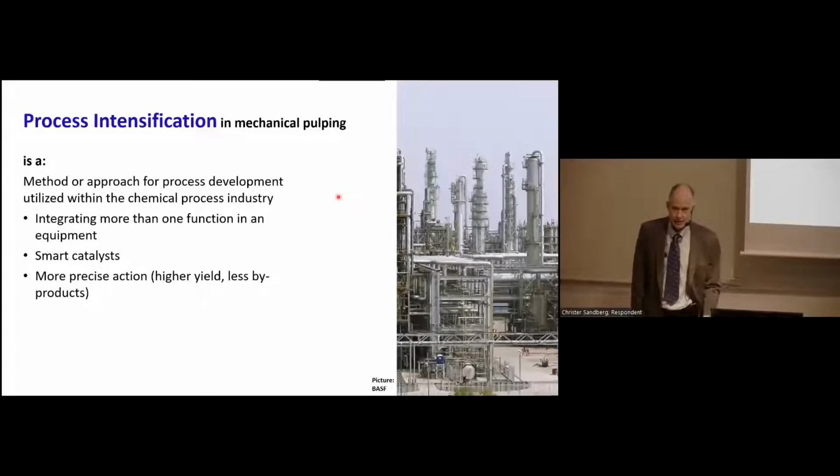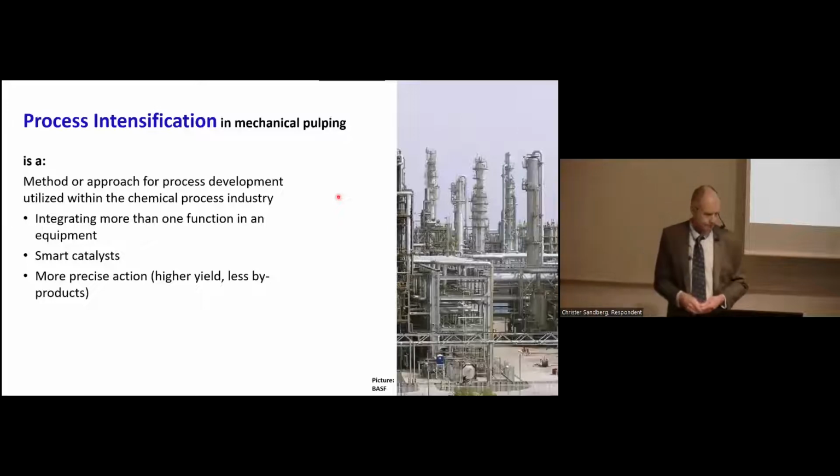So, back to the title: Process Intensification in Mechanical Pulping. Process intensification is a development method that was developed within the chemical process industry during the last two decades of the 20th century.